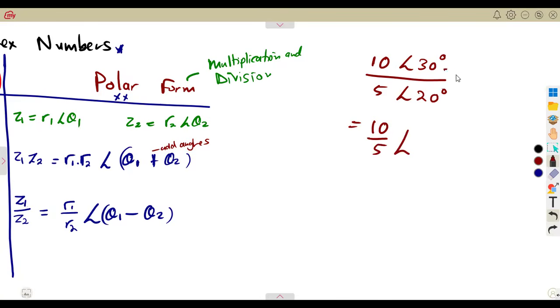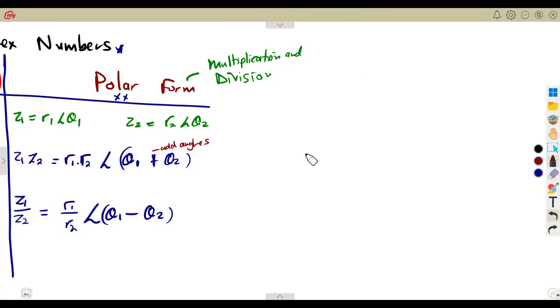The angle, you subtract this, 30 minus 20. So this will give us 2 angle of what? 30 minus 20, which is 10 degrees. So as you can see, it's very, very easy. And after this, we can convert to rectangular form, whatever format that you're given.